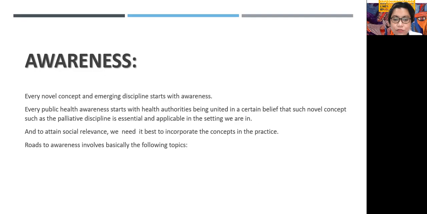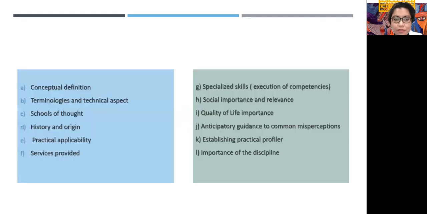Roads to awareness involve basically the following topics. First, you should elaborate on the conceptual definition, like what I have done a while ago, terminologies and technical aspects. So these are being discussed starting from the undergraduates.